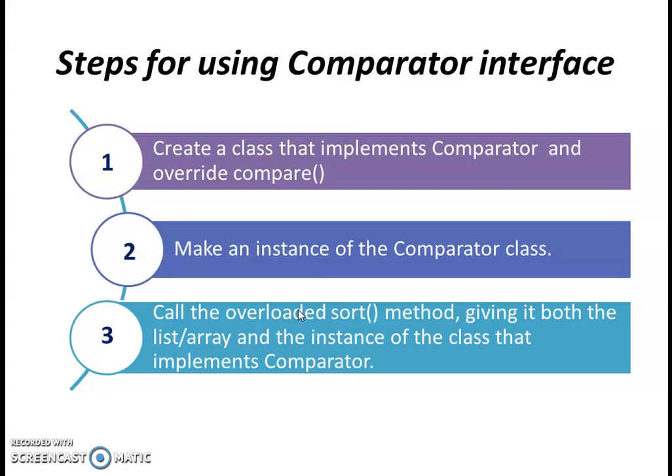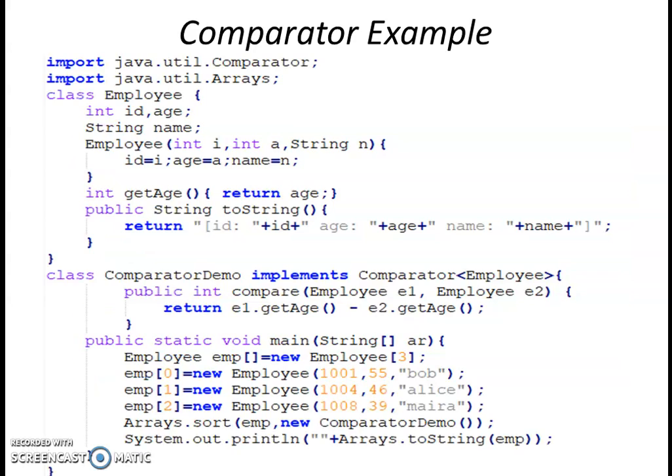Then we call overloaded sort method and we give two parameters to it. First, the list or array that needs to be sorted, and next parameter is instance of the class that implements comparator, right? So let's understand it in code.